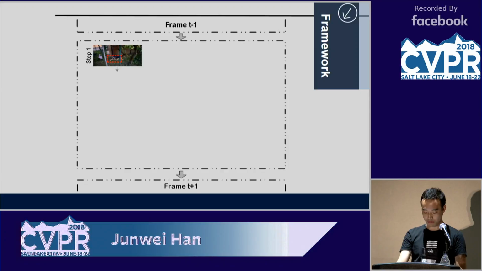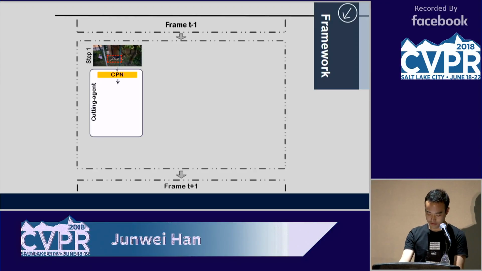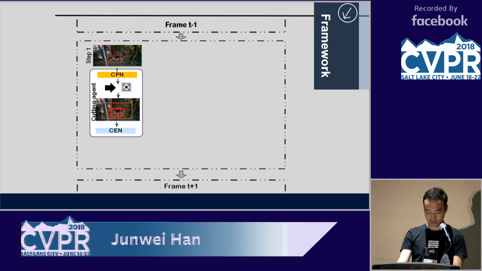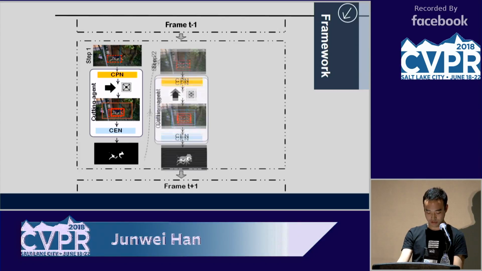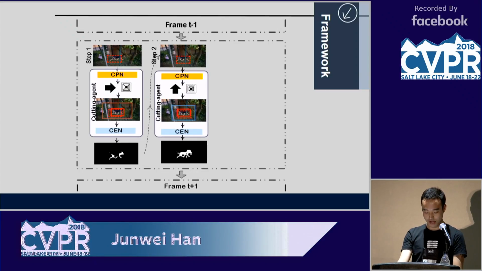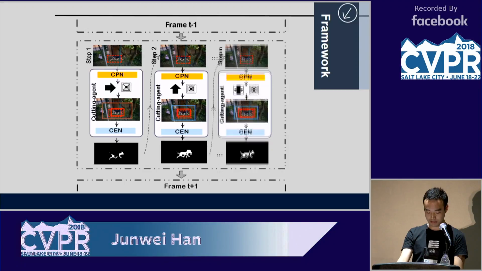For video object segmentation at each frame, the cutting policy network observes the current states, and determines actions to adjust the object box and context box. Then, the cutting execution network generates the object mask of the refined box. With the collaborative interaction between the two networks, our model can progressively improve the segmentation performance.